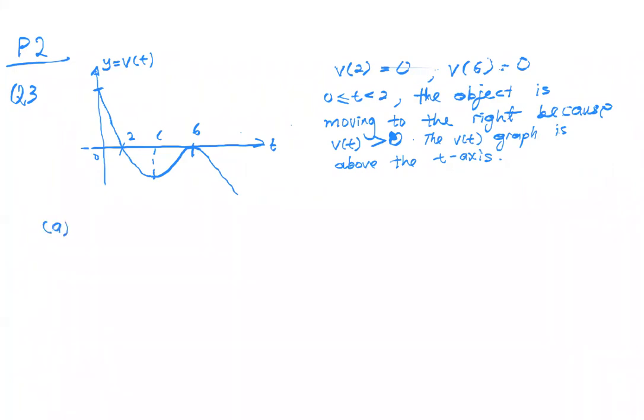So you see, contextual question, you have to look at the context. What is the relationship between acceleration and velocity? This question is very nice. I don't want to tell you how acceleration is related to velocity. You should know. But this question tells you very nicely: acceleration is the rate of change of velocity.